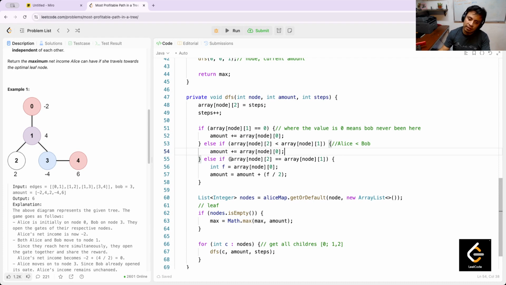Now, else, where the array in the index 2 that is Alice, where they are equal, again, is basically dividing the current value, and the upload amount plus the current value, positive or negative. Here, let me check. I need to do one operation here.